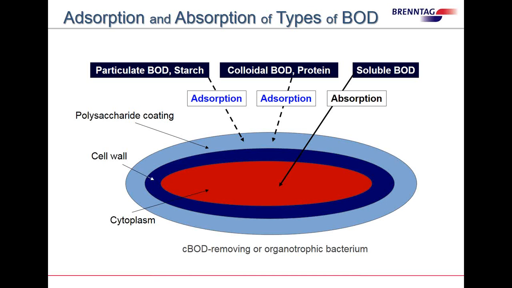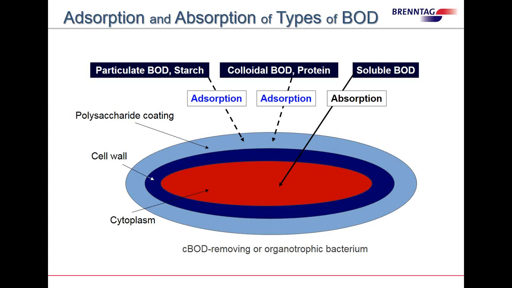A colloidal BOD would be BOD with lots of protein. Protein would be, say, an animal kill rendering plant, an egg producing plant, chicken processing type of facilities. But these types of BOD are very difficult to break down.